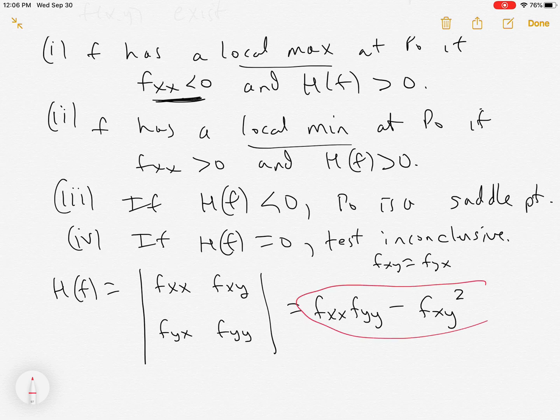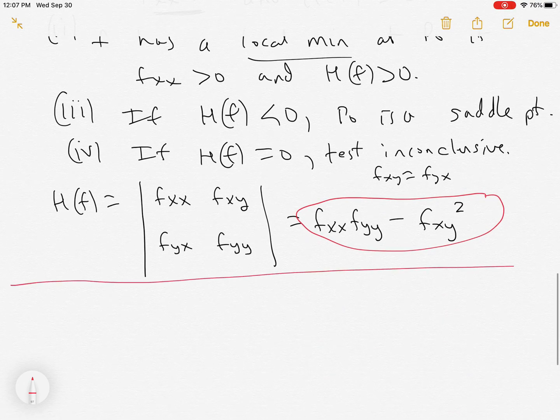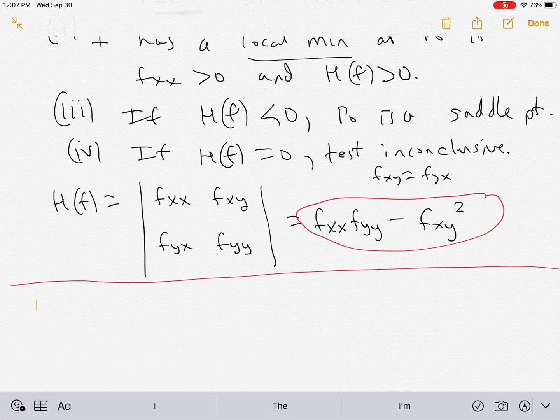This number is the Hessian, and all we care about is its sign. Is it positive, negative, or 0? This is really straightforward, fun stuff. And then you look on GeoGebra and it all works out, so it's pretty satisfying.